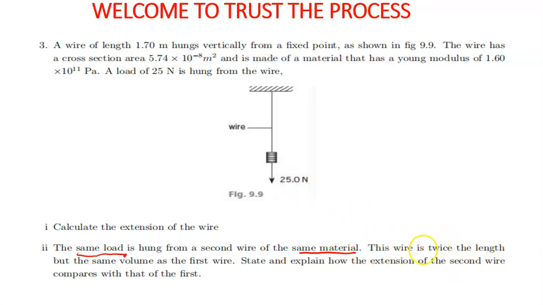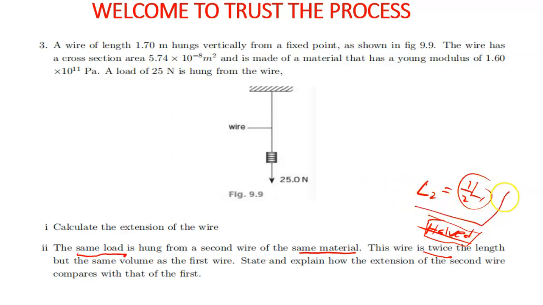Instead of having twice the length, let's say the length of the second wire has been halved. If the length of the second wire is half that of the first wire, what are you going to have? See what is going to happen to the extension and make a conclusion.